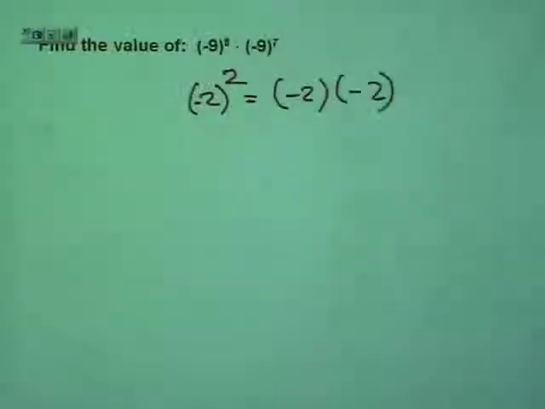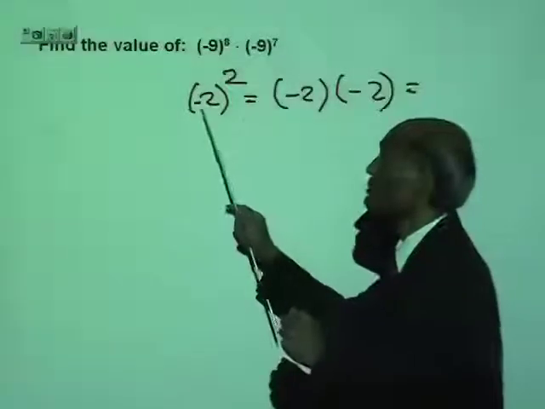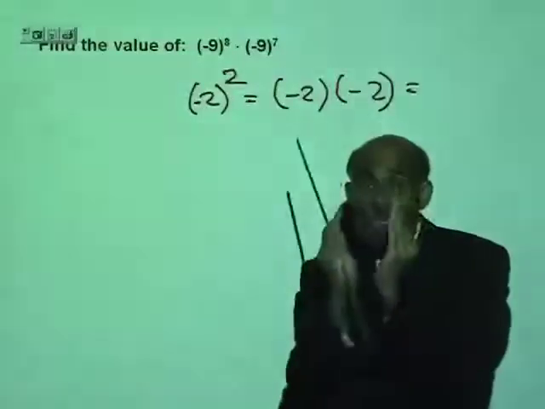What is negative 2 raised to the power of 2? It is negative 2 multiplied by negative 2. And what is negative 2 multiplied by negative 2? I want you to watch carefully how I write it. This negative 2 is in parentheses.